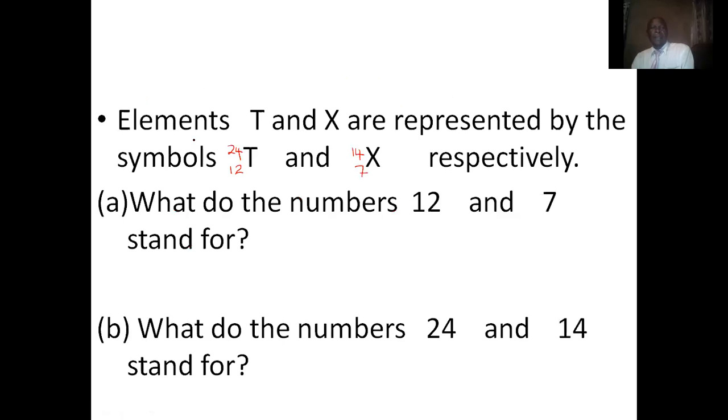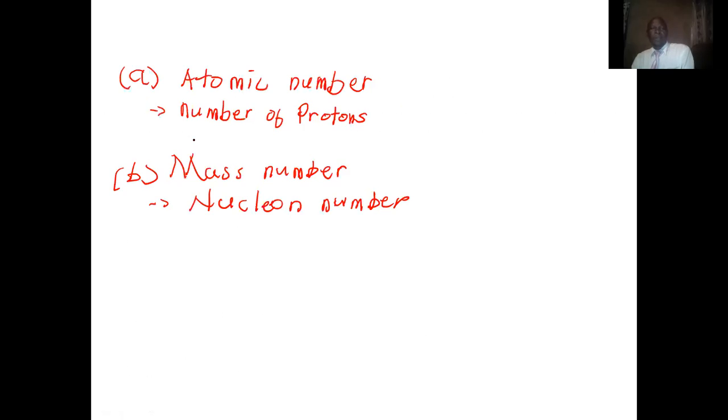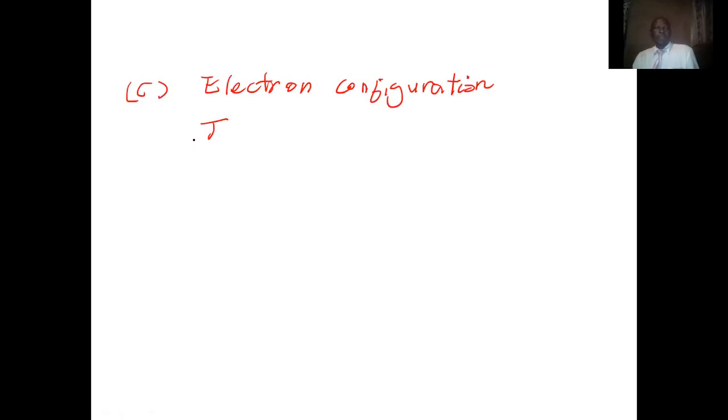So the electron configuration of T, which has the atomic number 12, would be, in the first shell, 2 electrons, in the second shell, 8 electrons, and in the third shell, 2 electrons.